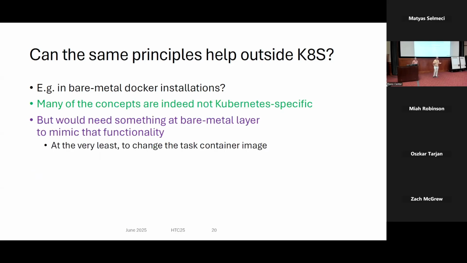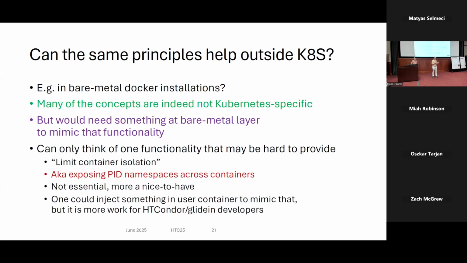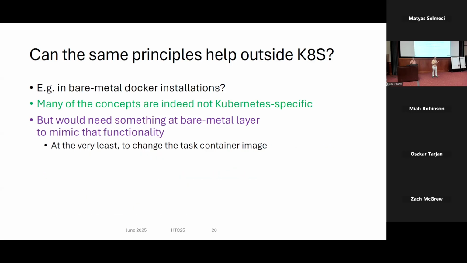I would claim many of the concepts I described so far are not really Kubernetes specific. However, you do need a little bit at the bare metal level to mimic some of the things that Kubernetes does. If not, at least somebody needs to change the container image. You cannot do it from inside.